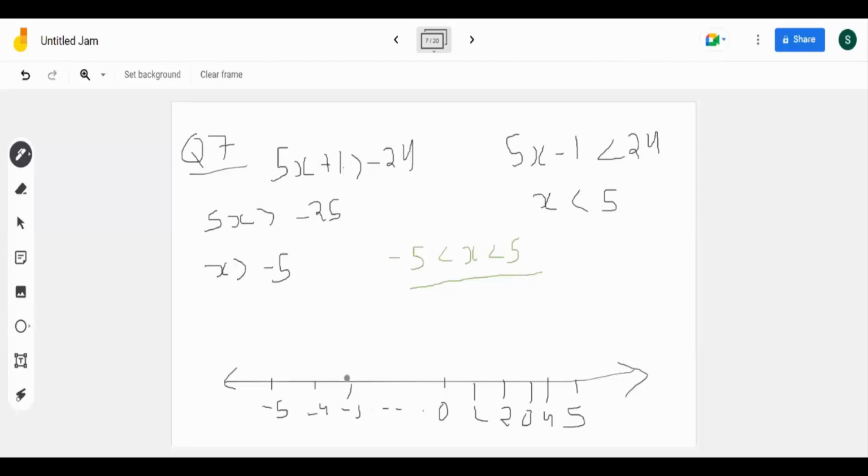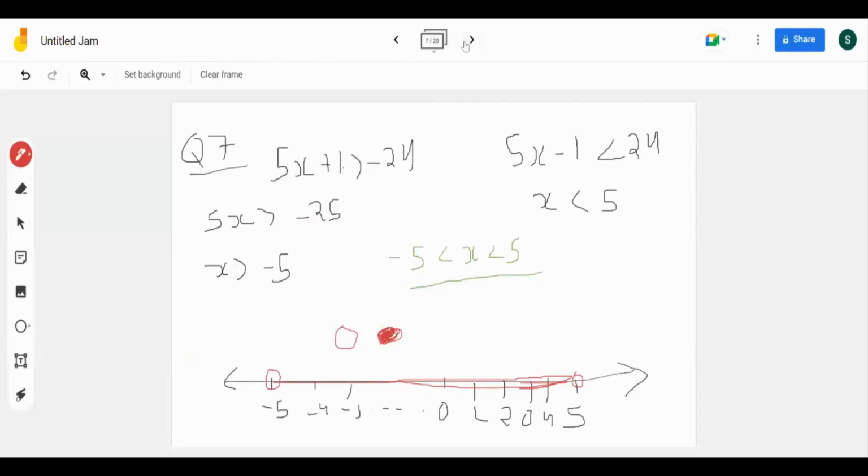Now again, as we can see, we have to exclude minus 5 and 5, so draw a hollow circle at minus 5 and draw a hollow circle at 5 as we have to exclude them. Now just draw a line, and darken the middle region. So we draw a hollow circle for excluding and a complete dot for including. So yes, this is our answer on the number line.